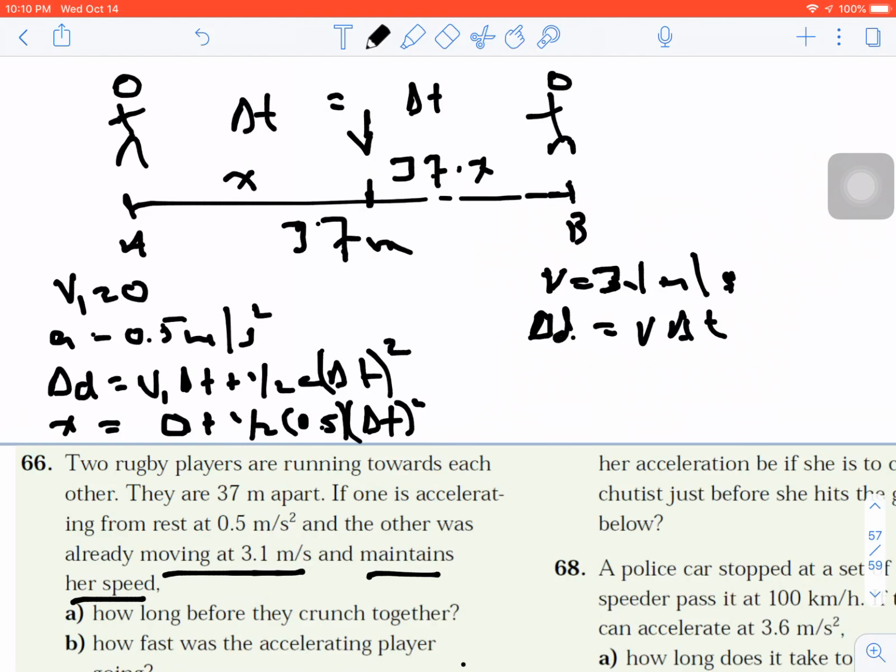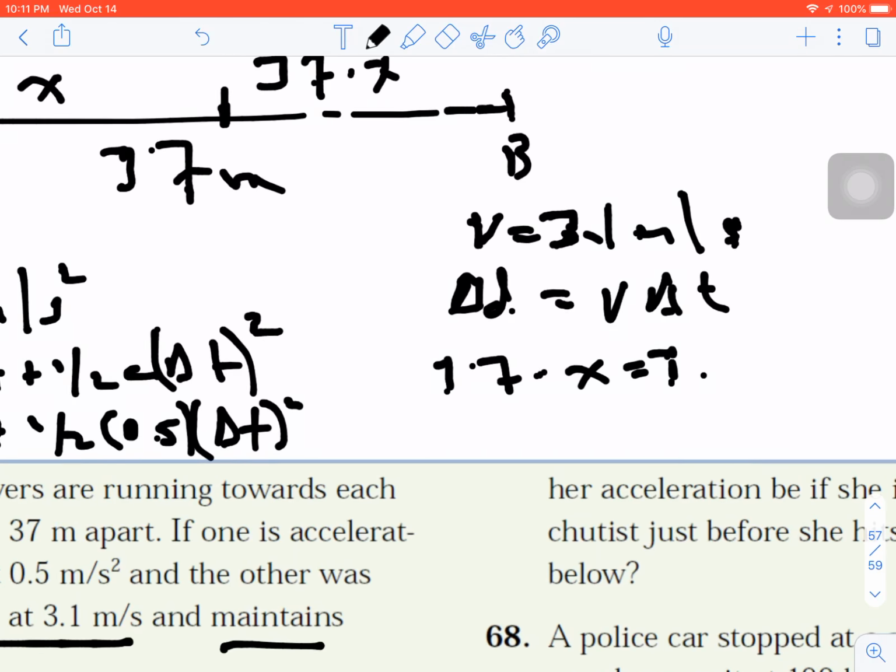I know my distance traveled by B is 37 minus x. I know the speed of B is 3.1 meters per second. There we go, 3.1 meters per second times delta t.